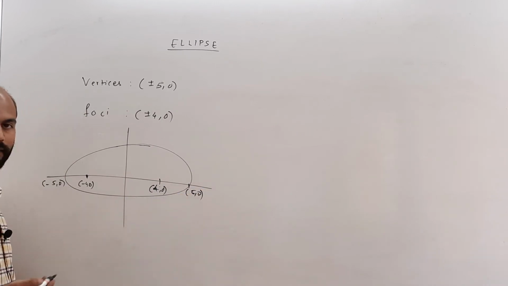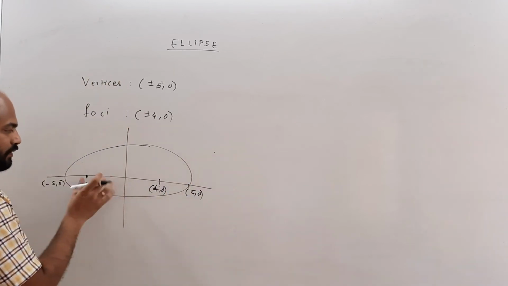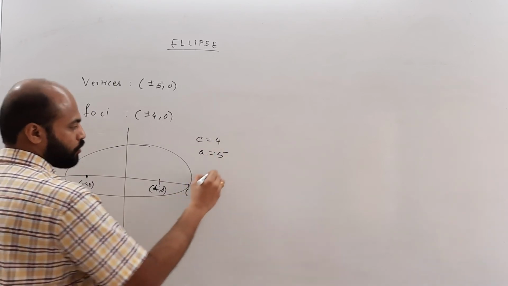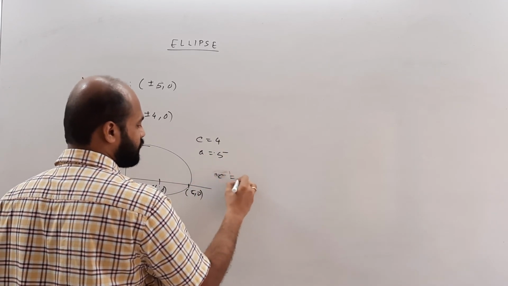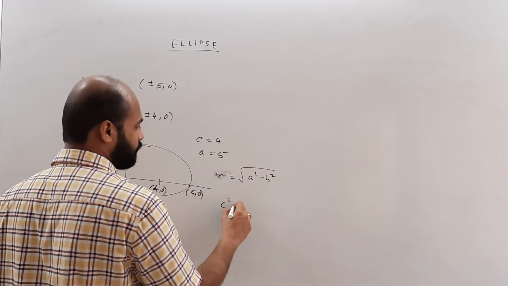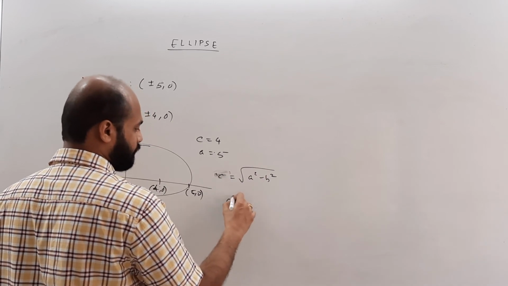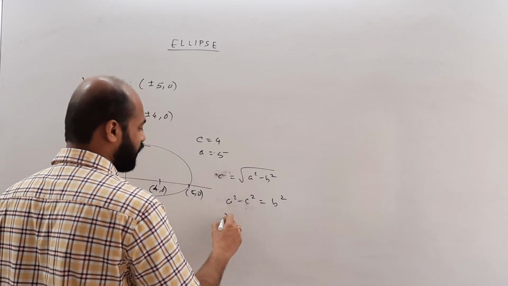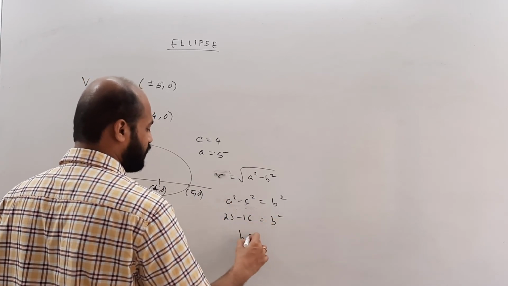So it means that this distance c is 4 and a is 5. So we can find b now. c is root over of a square minus b square. So a square minus c square is going to be b square. a square is 25, 25 minus 16 is 9, so b is 3.